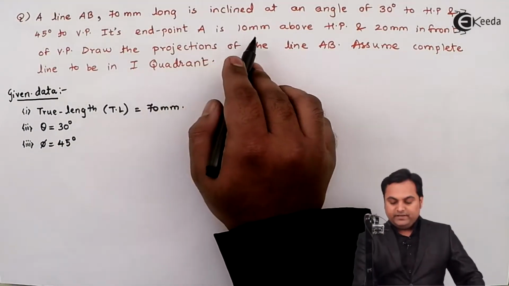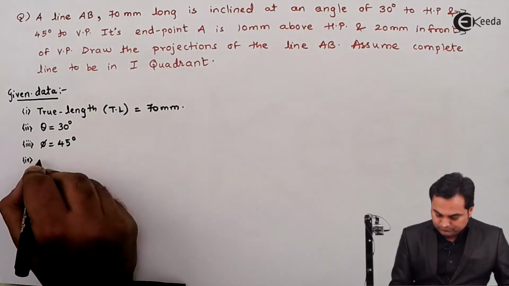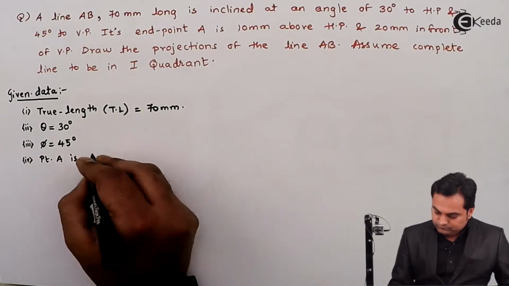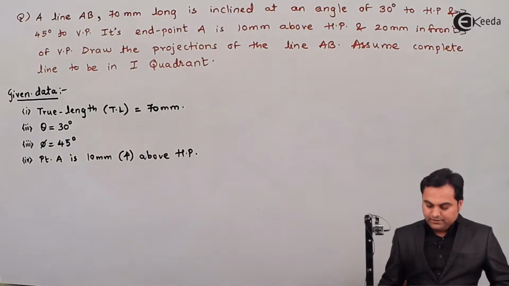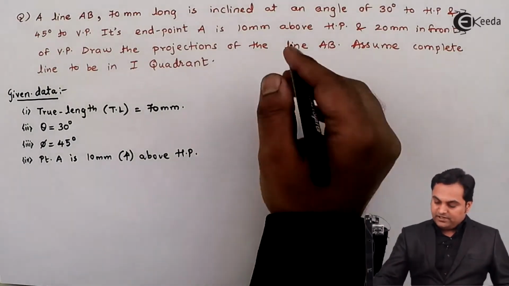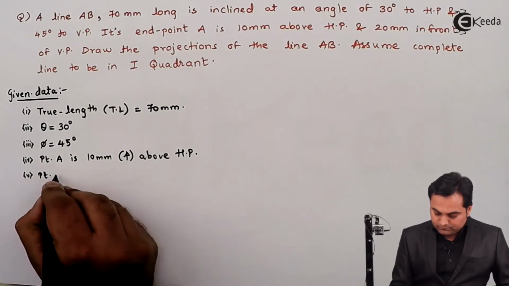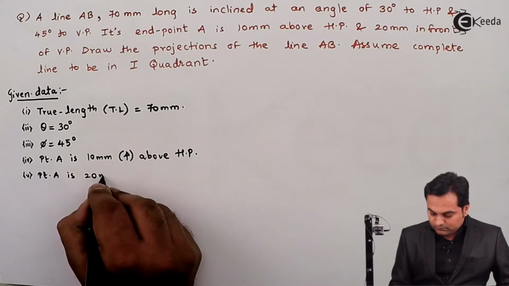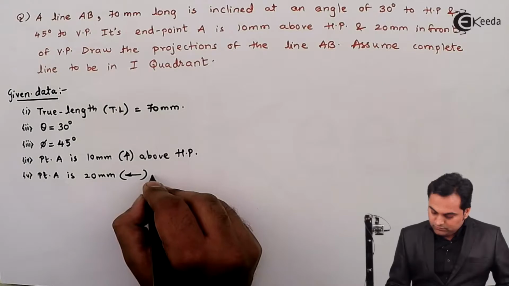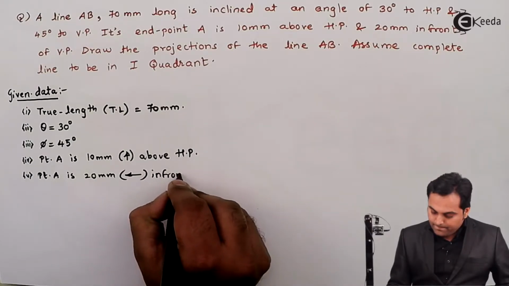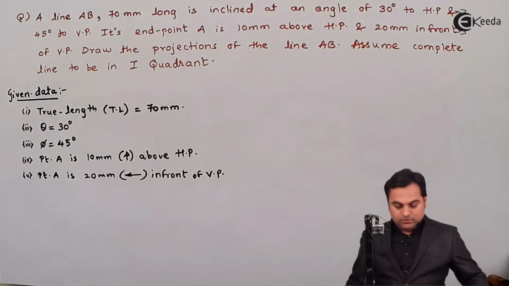Next, its endpoint A is 10 mm above HP, 20 mm in front of VP.